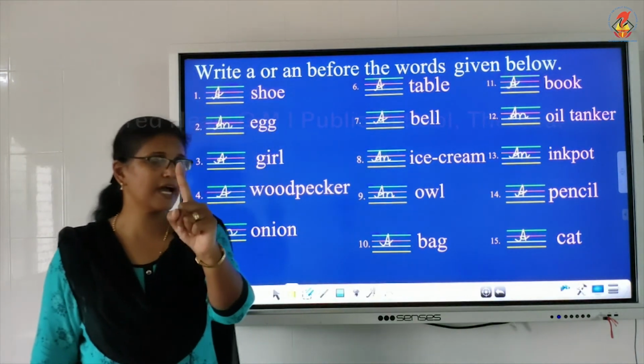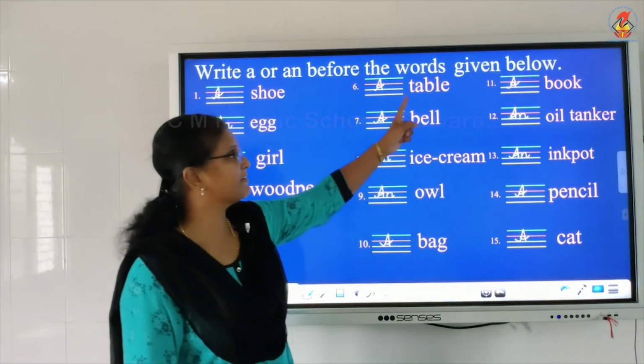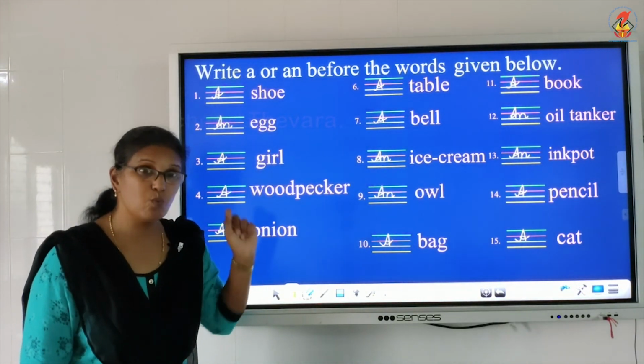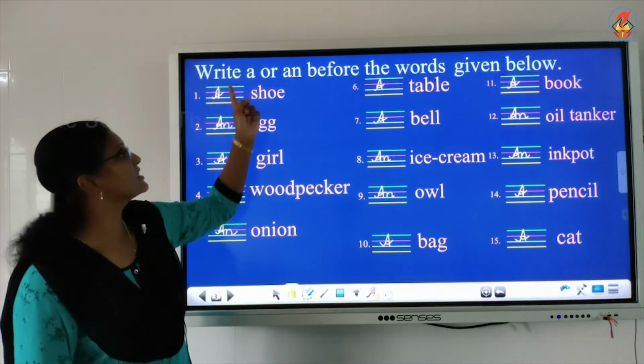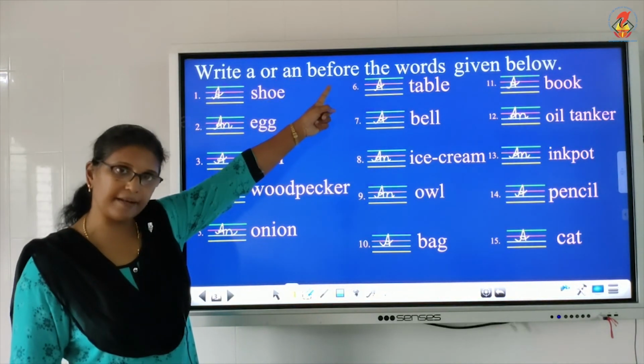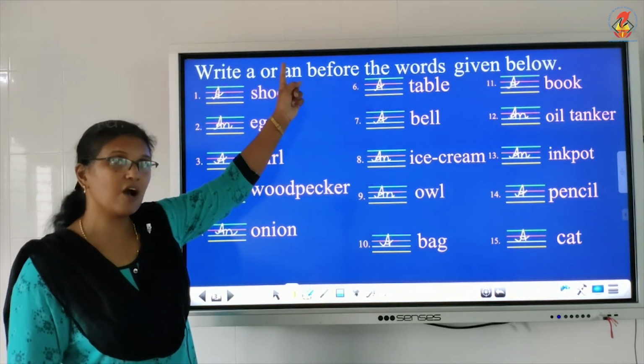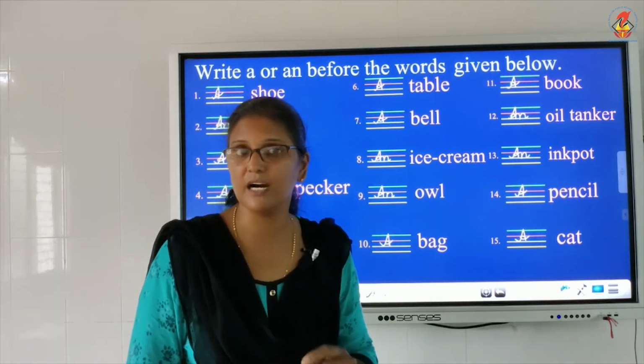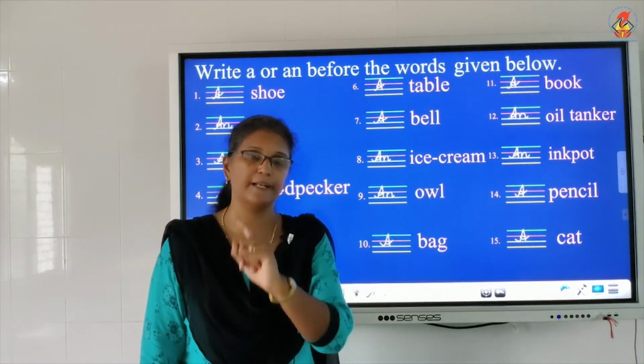Singular means only one. One woodpecker, one ice cream, one bell, one table, one bag, one onion. That is why we have used a or an, because they are singular, not plural.